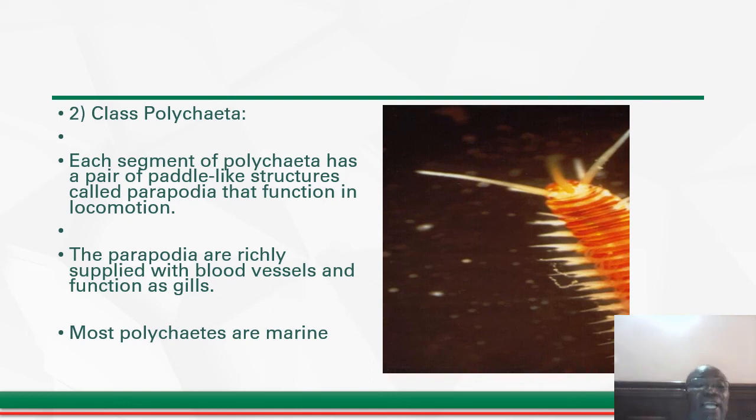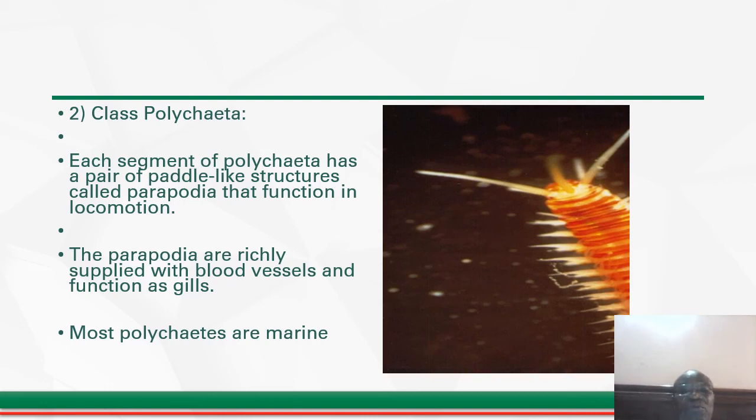Then the second class is the class Polychaeta. Each segment of this class has a pair of paddle-like structures called parapodia that function in locomotion, as you can see in the picture.